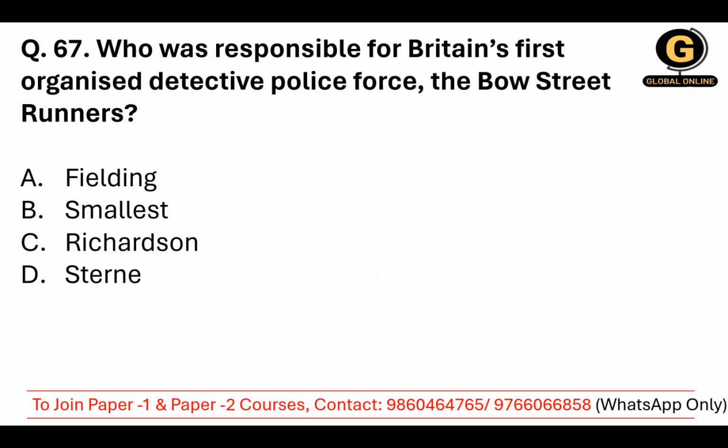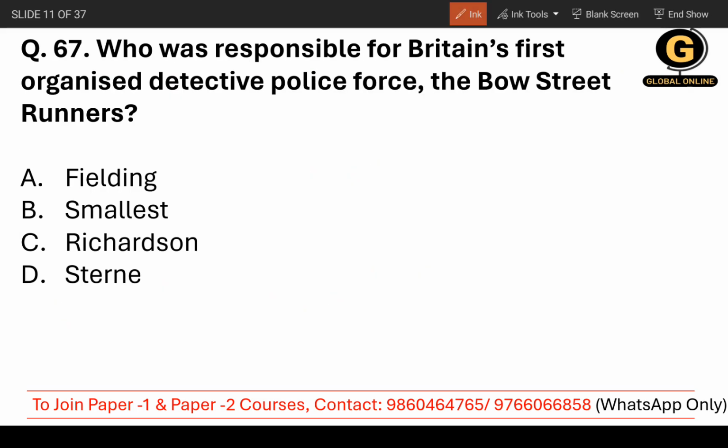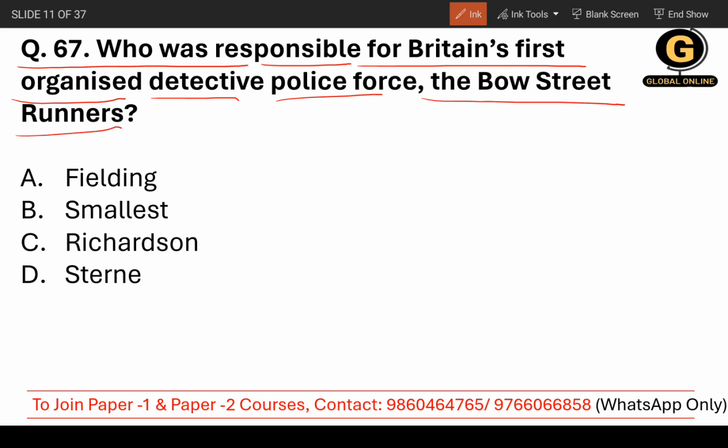Moving on to question number 67. Who was responsible for Britain's first organized detective police force? The Bow Street Runners. Okay, and you need to see, it was founded in like 1749.